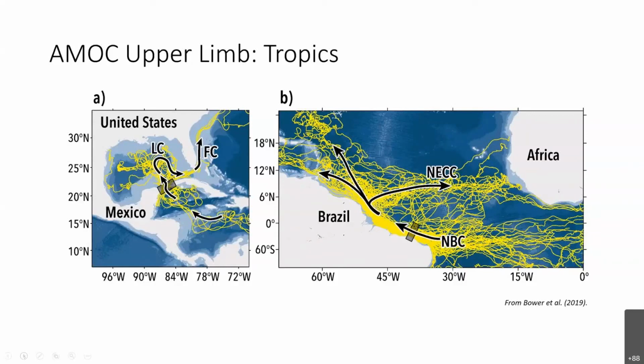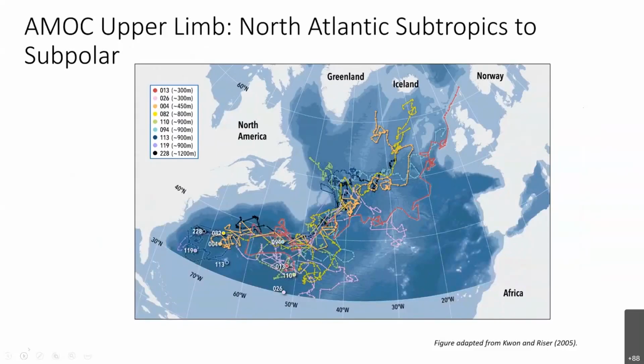Okay, I could go to slide 6, please. I'm going to jump northward now. We're still in the upper limb to briefly discuss some interesting results that have come from observations and numerical simulations.